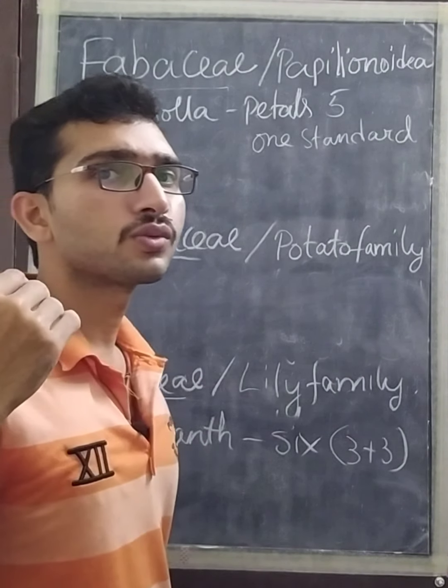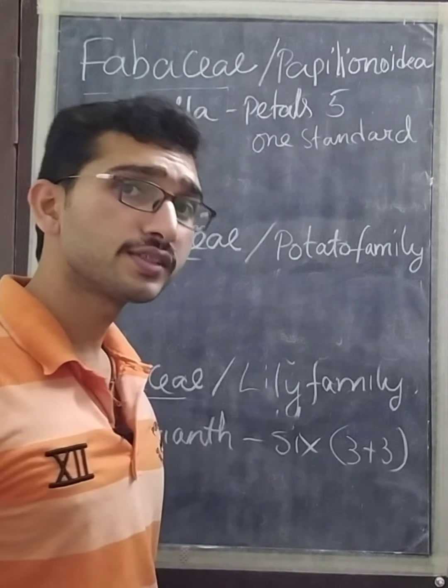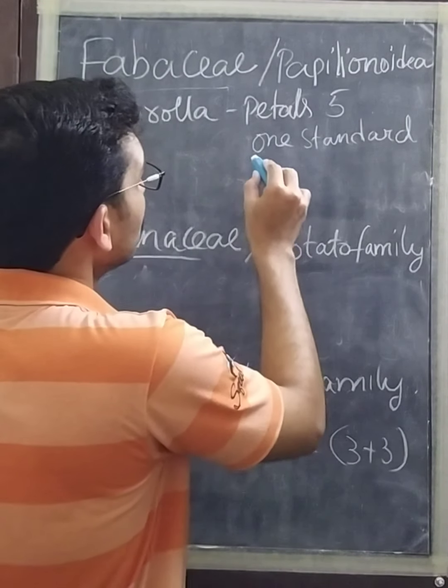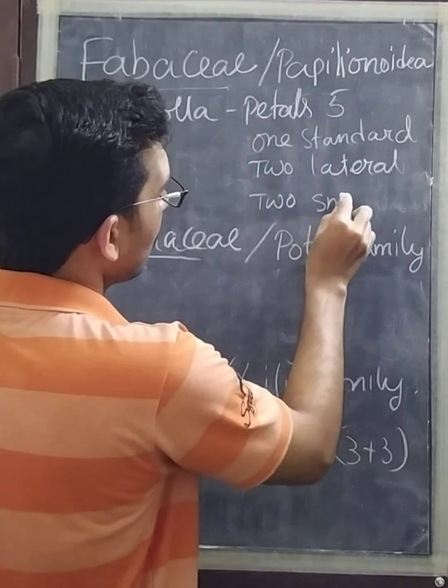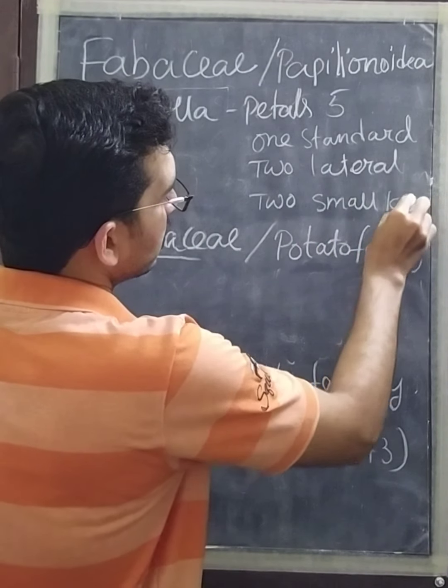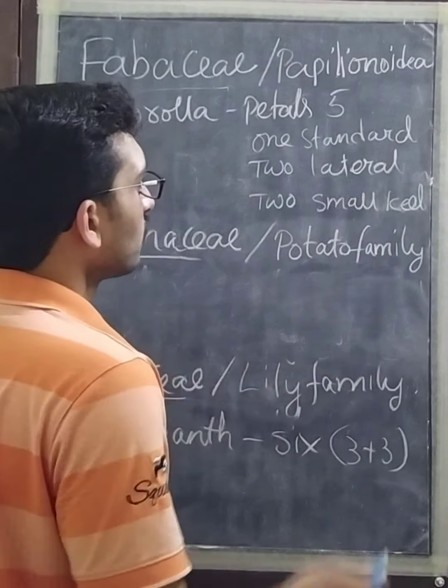When you take out one from the 5 petals, the remaining are 4 petals. Of these, 2 are lateral petals, and the remaining 2 petals are small keel petals.